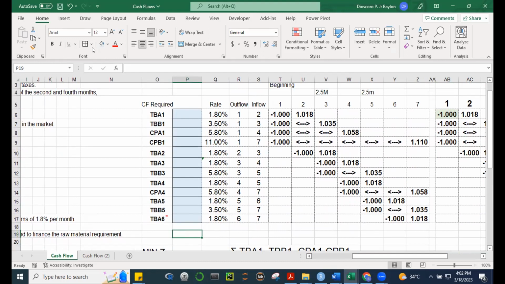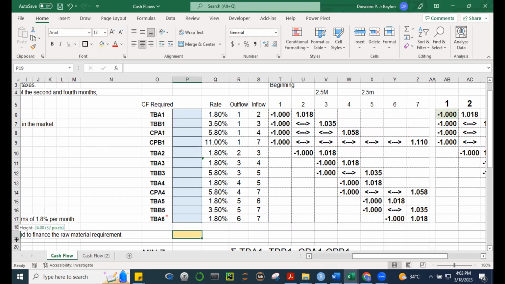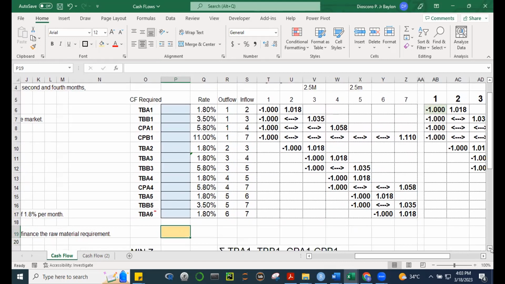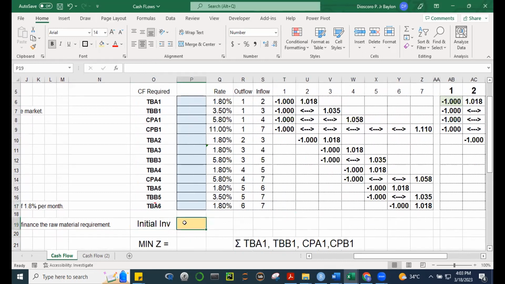Okay, let me just put it here, in dark, for me to easily see. So this is our initial investment, right? This is our investment at time 1. So what's our formula here, class? Summation of what? TBA1, TBB1, CPA1, CPB1. All right, so pwede, no?